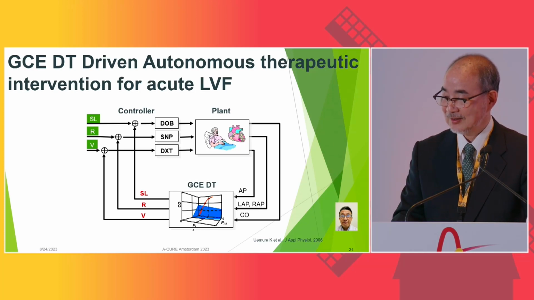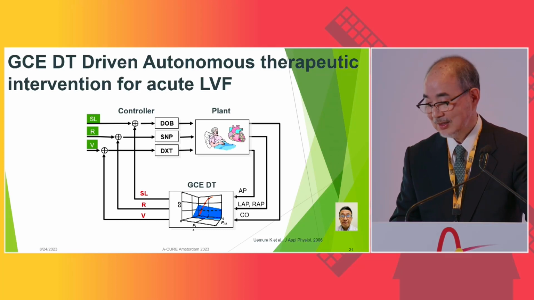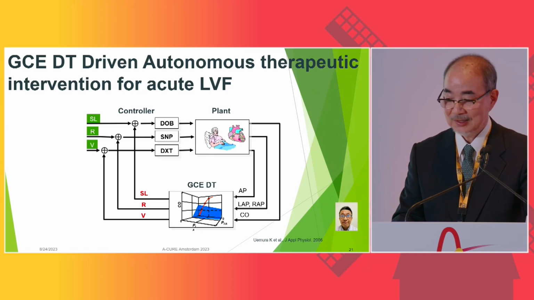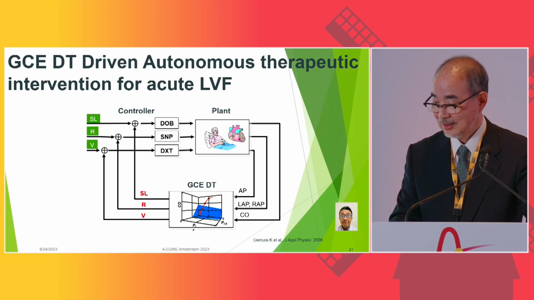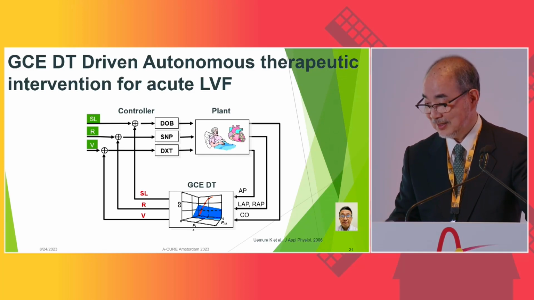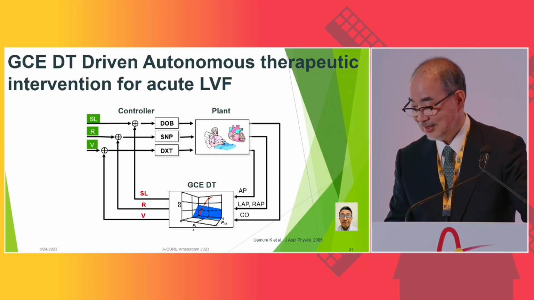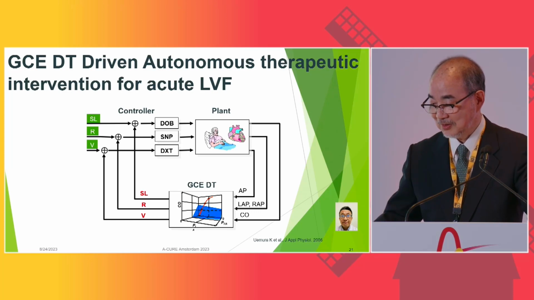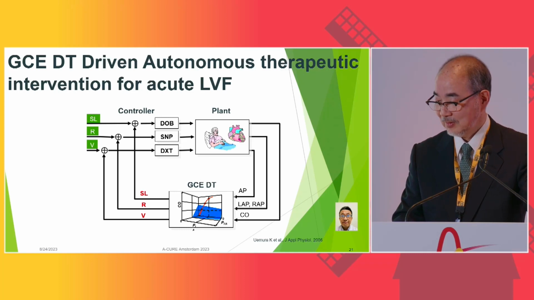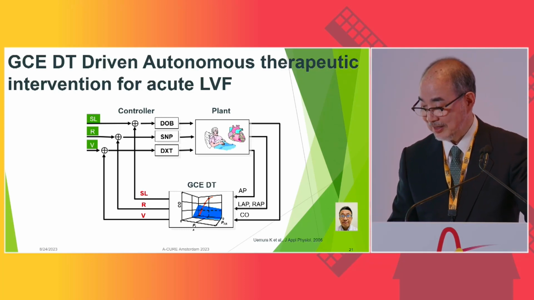This is autonomous treatment of acute left heart failure. So the system automatically fixes the problem without human intervention. The patient is there, and the plant and model are in the bottom square. We measure arterial pressure, left atrial pressure, and cardiac output in the patient.